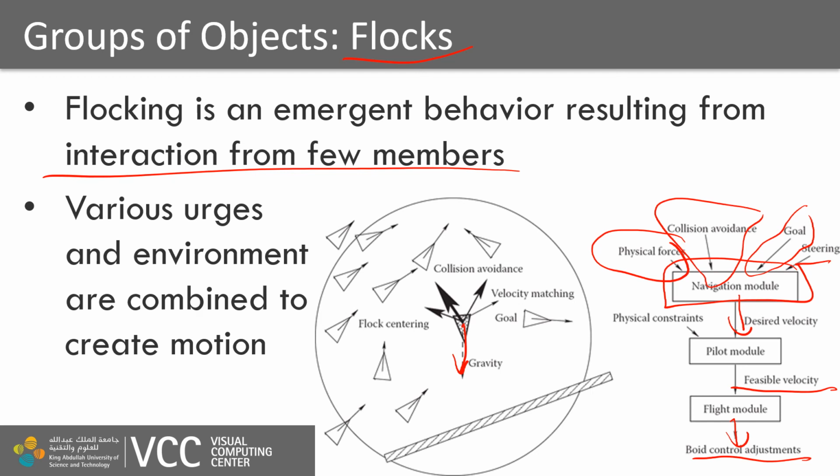So here there are several and often contradictory forces which act upon each other, and then they finally end up in some consensual motion of this member of the flock.